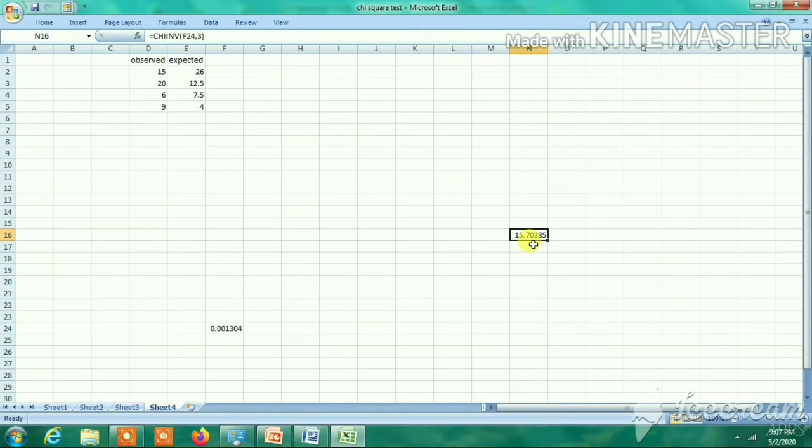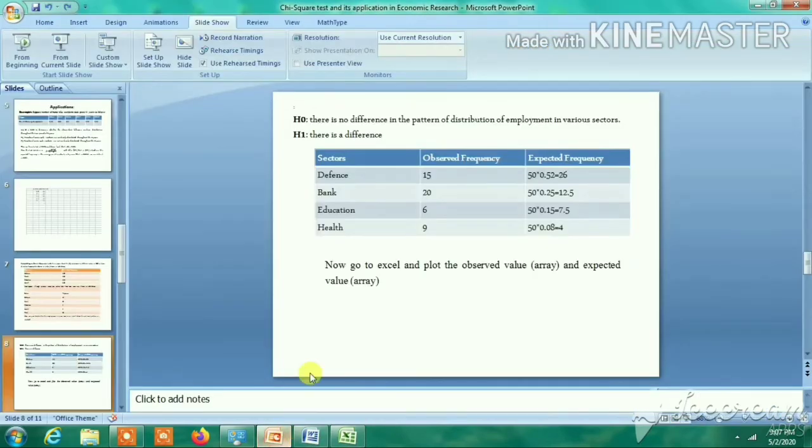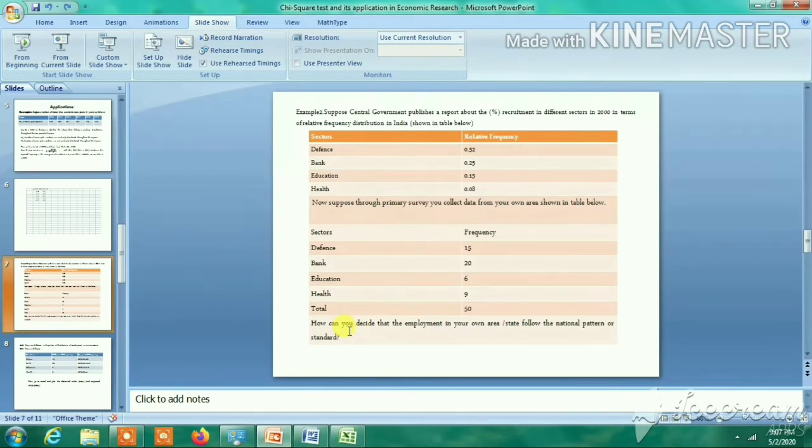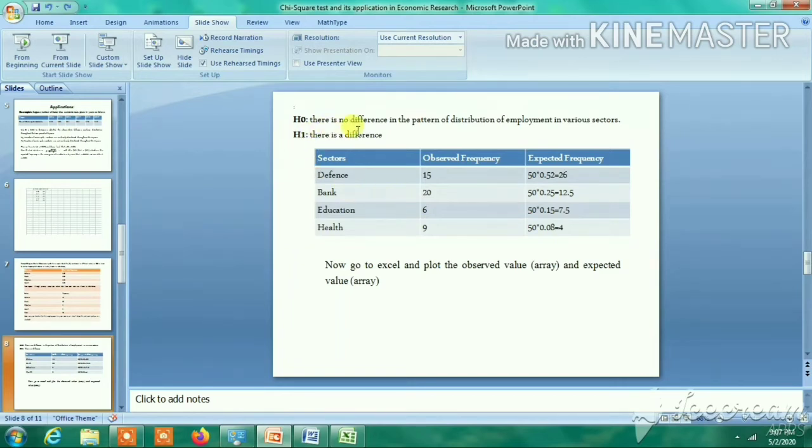Hence we can take the decision that since our calculated value exceeds the table value, therefore the null hypothesis that there is no difference in the pattern of distribution of employment is rejected. There is a difference in the pattern of distribution. In this way we can take the decision from the given sample regarding the possible pattern or distribution.